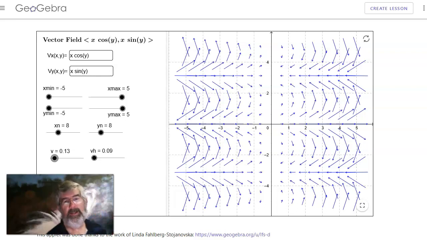So what I'm doing here is I'm saying that I want a vector field where the x component is x cos y and the y component is x sine y. So I'm thinking of the input variable y as I used to think of theta, and I'm thinking of the input variable x as I used to think of r. And then I'm just plotting that right on the spot where it came from.